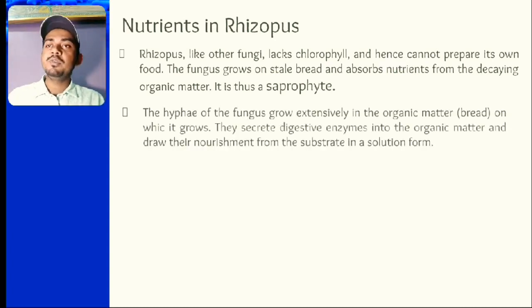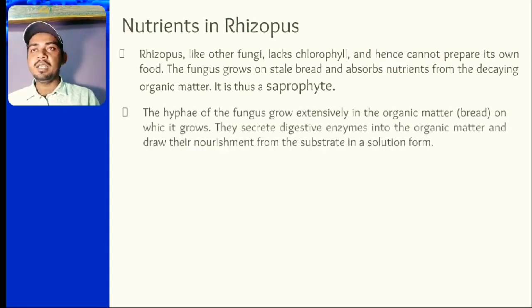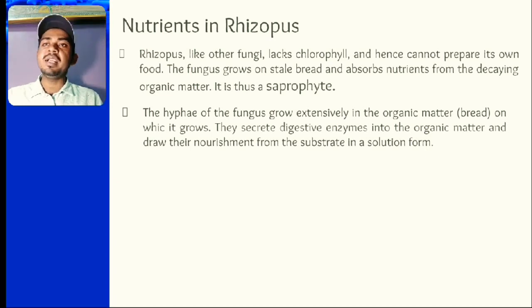Okay, let's move further. The hyphae of the fungus grow extensively in the organic matter, that is bread in this case, on which it grows. They secrete digestive enzymes into the organic matter and draw their nourishment from the substrate in a solution form.